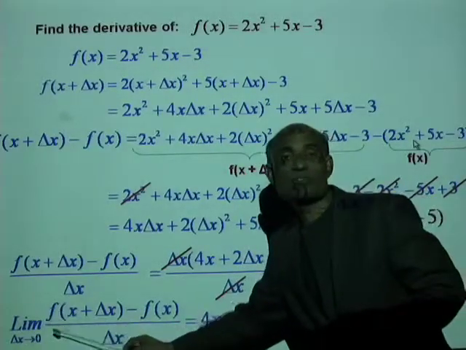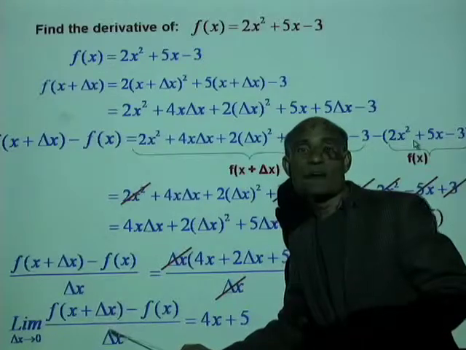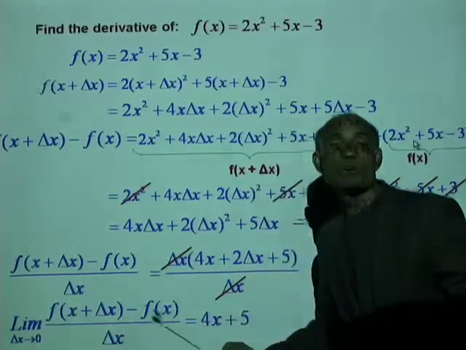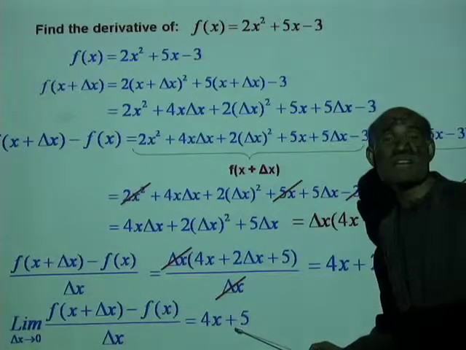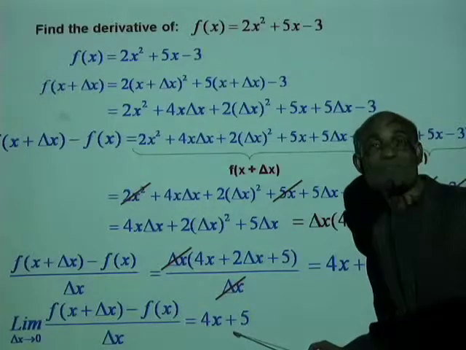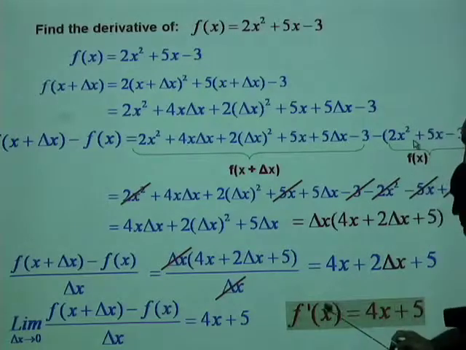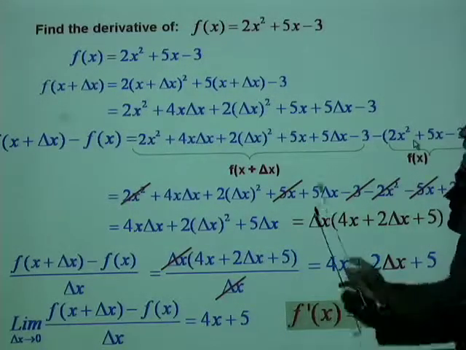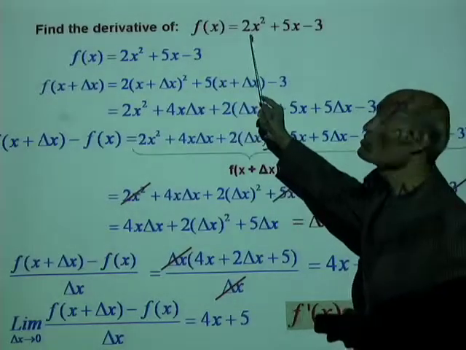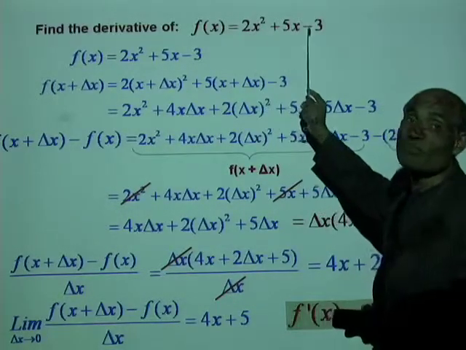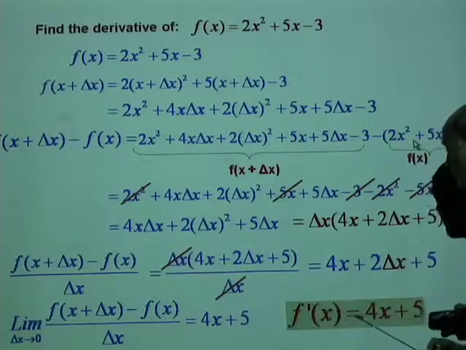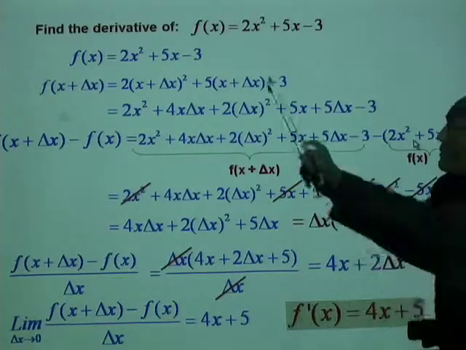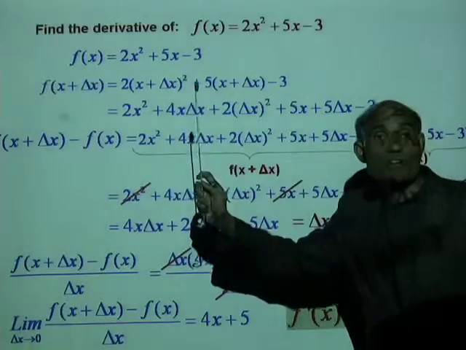The limiting value of delta y by delta x when delta x approaches 0 is called dy by dx, or the derivative of the function, which we call f prime x. So f prime x is 4x plus 5. If f of x is 2x squared plus 5x minus 3, f prime of x is 4x plus 5. If you can remember this, I will ask you this in the next class.